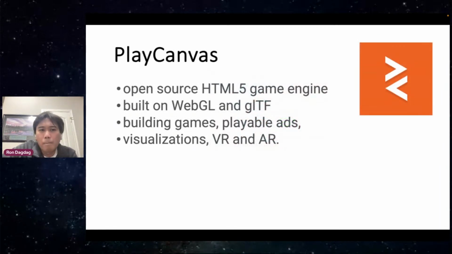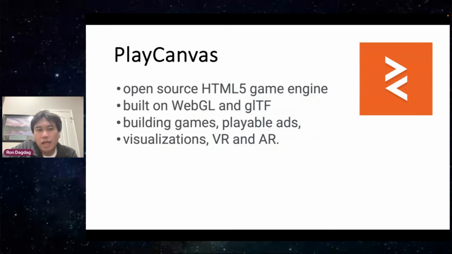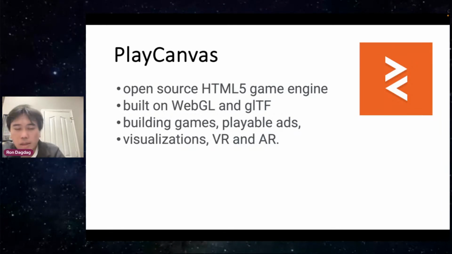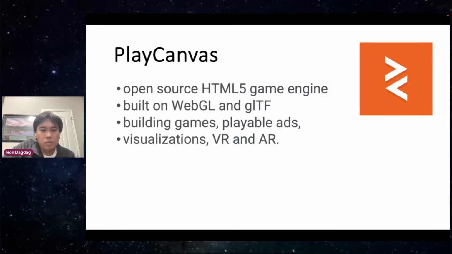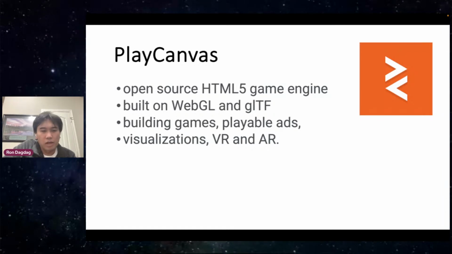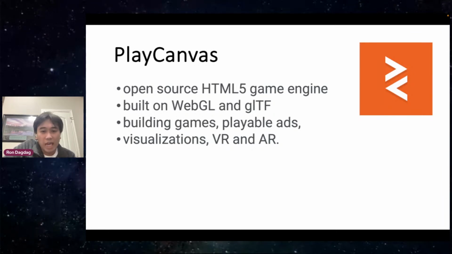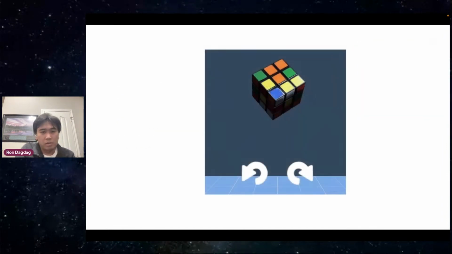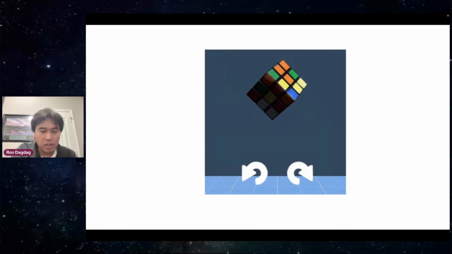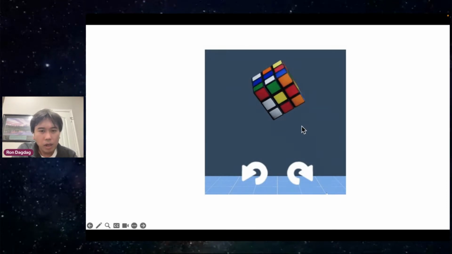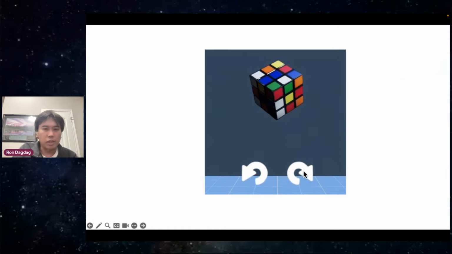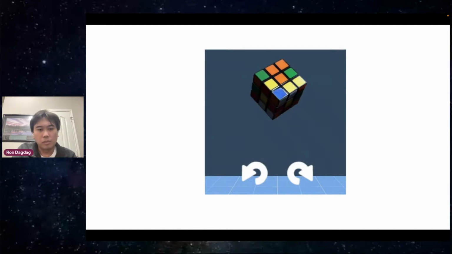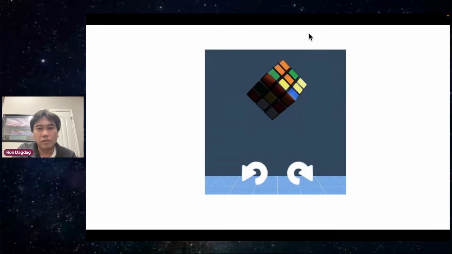Also, there is Play Canvas. Play Canvas is an open source HTML5 game engine built on WebGL and glTF, specifically for building games, playable ads, visualization, VR and AR. And the nice thing about it is that this is a good example of that, where I can have buttons to click to rotate the Rubik's Cube. Let's see if I can get to Play Canvas.